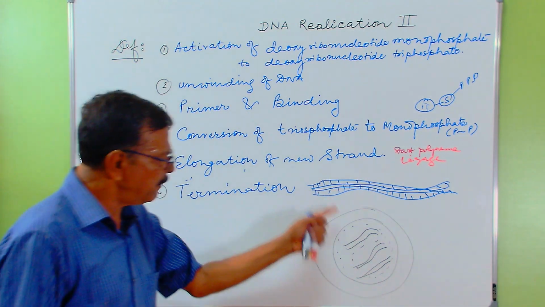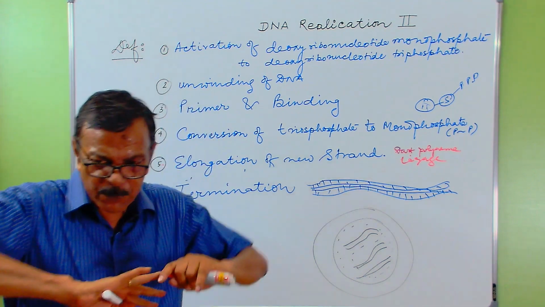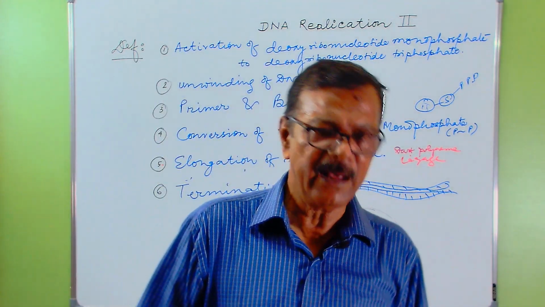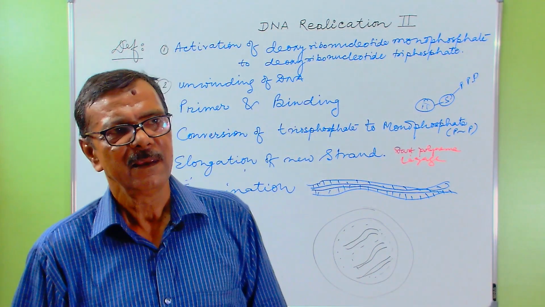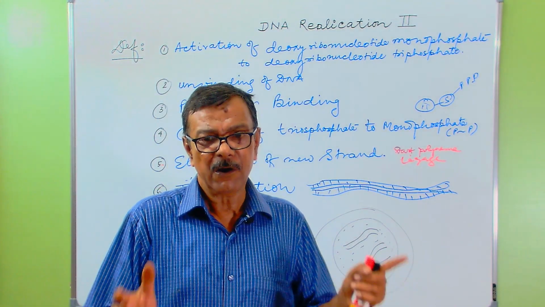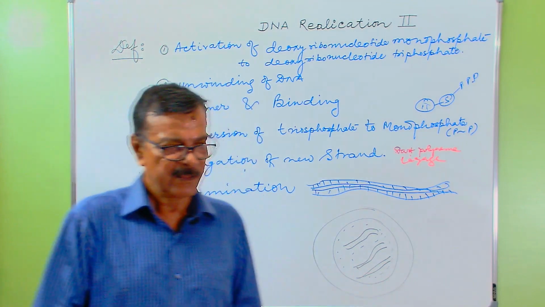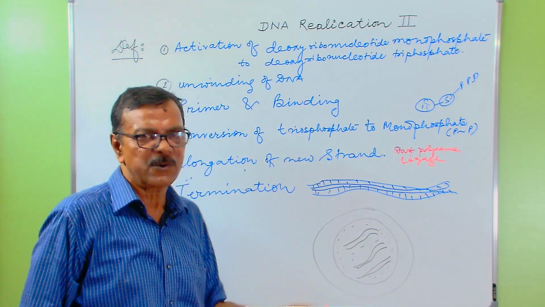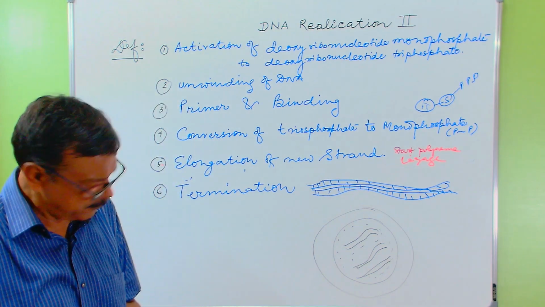So the leftover RNA primers should be removed, as in any machinery work we have seen that the debris has to be removed. Whatever RNA primers are there, they have to be removed.